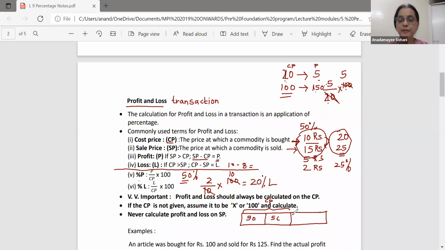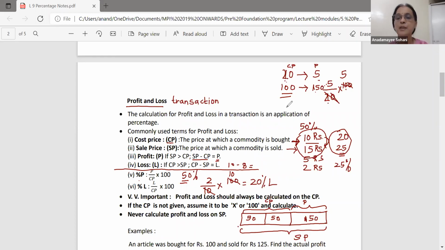And I am adding one compartment of profit to it, one more 50. So when I am getting 50% profit, I am making the sale price in 3 compartments. Two parts out of it is cost price and one part is the profit.